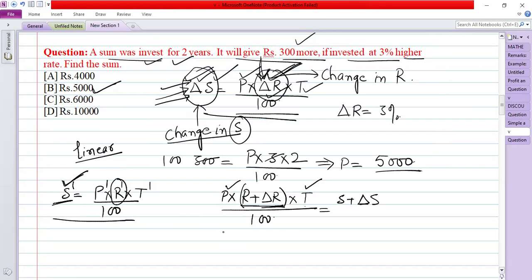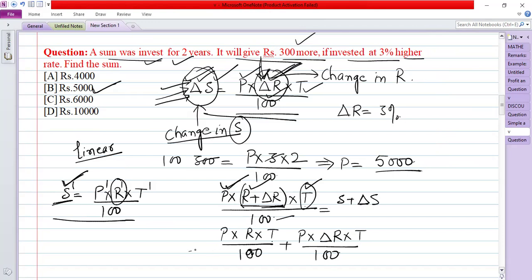Now P into R into T upon 100, this term is here, and plus P into delta R into T upon 100, this term is here.